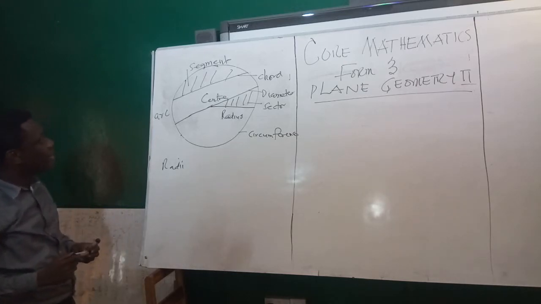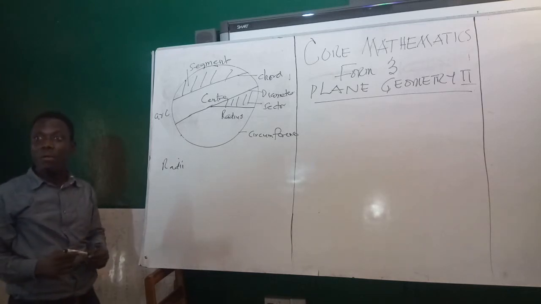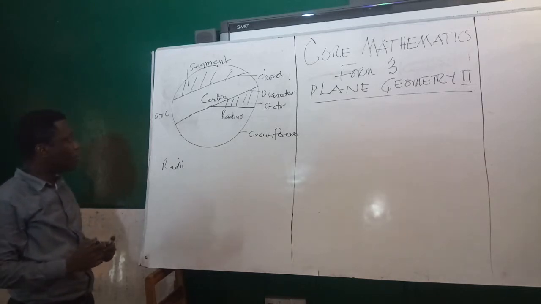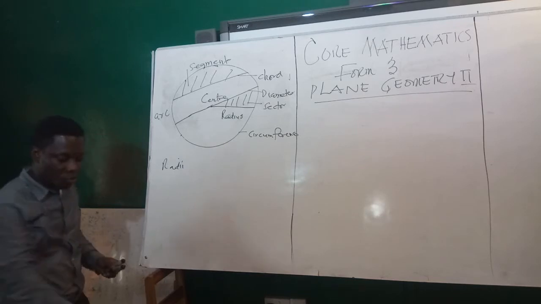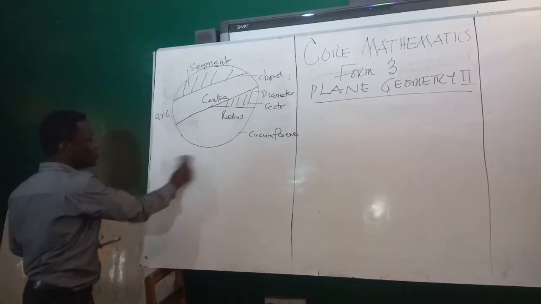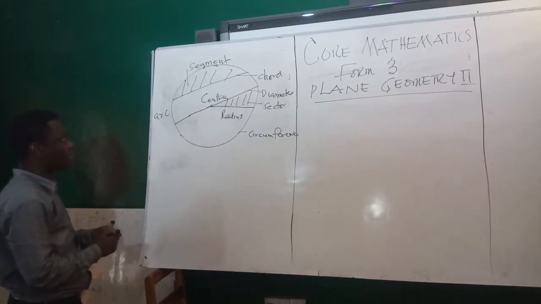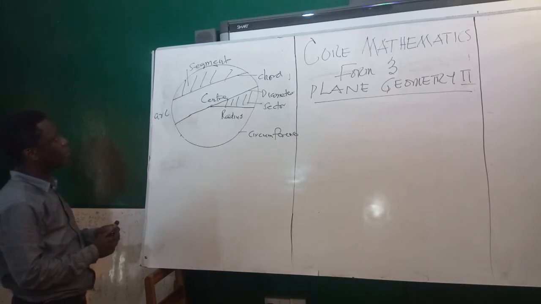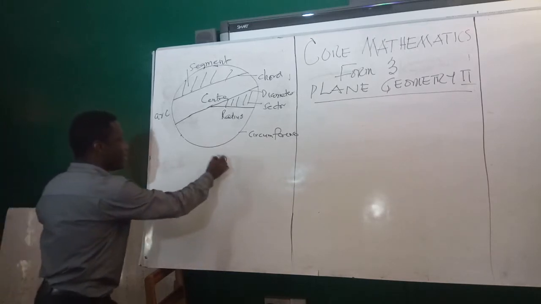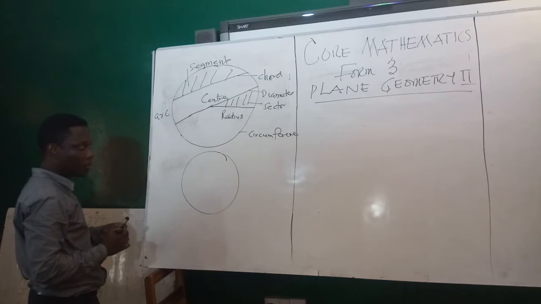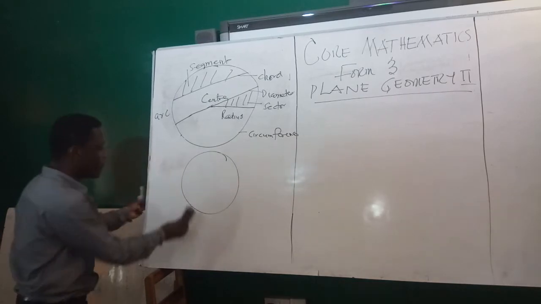Right, so basically these are your parts of a circle. Very, very important. But let me also draw your attention quickly to two very important things, especially with your circle.